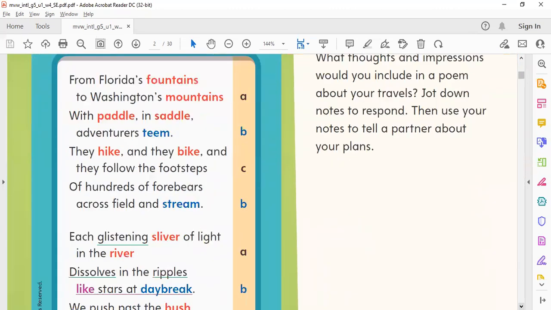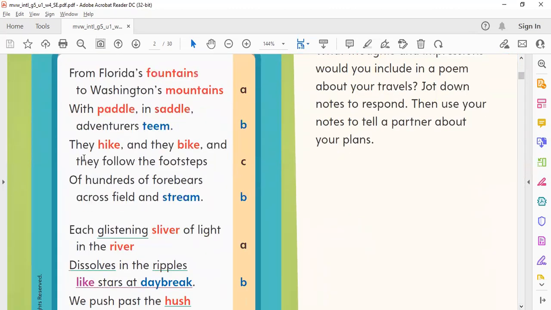Okay, now let's read this one. "When Florida's fountains to Washington's mountains, with paddle and saddle, adventures team. They hike and they bike, and they follow the footsteps of hundreds of forebears across fields and stream." So here we have four lines.